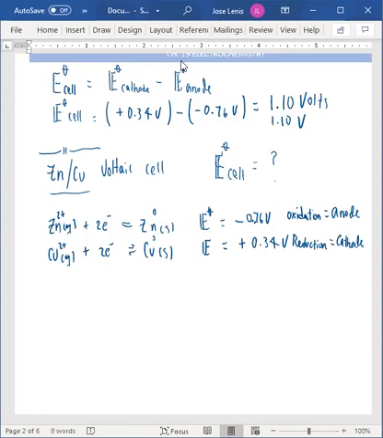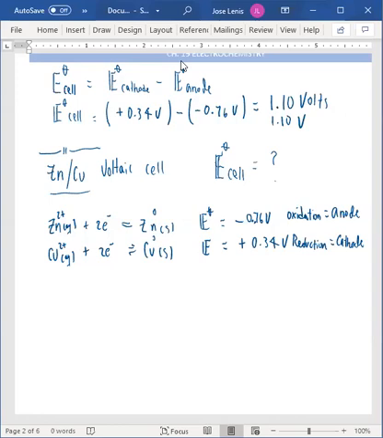But notice, again, as I mentioned before, the table is written as a reduction. That's standardized. All of them are written as reduction, gaining of electrons. We need to find for our particular build-up which one is being oxidized and which one is being reduced.